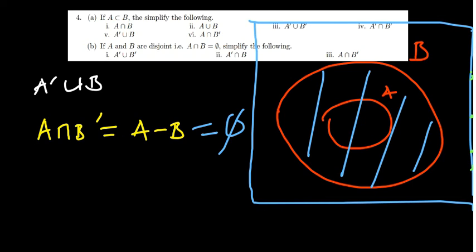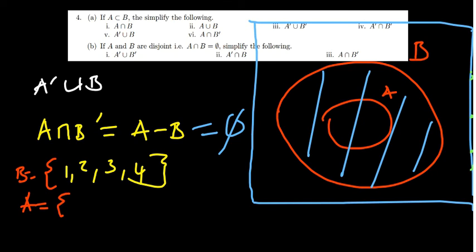Think of it this way. Let's say our set B, which is of course the power set. Is it the power set? Not necessarily a power set. So it's a subset and a superset. So B is a superset. So let's say we have 1, 2, 3, and 4 as our set B. And then we have a subset of it to be, let's say, 2 and 4.